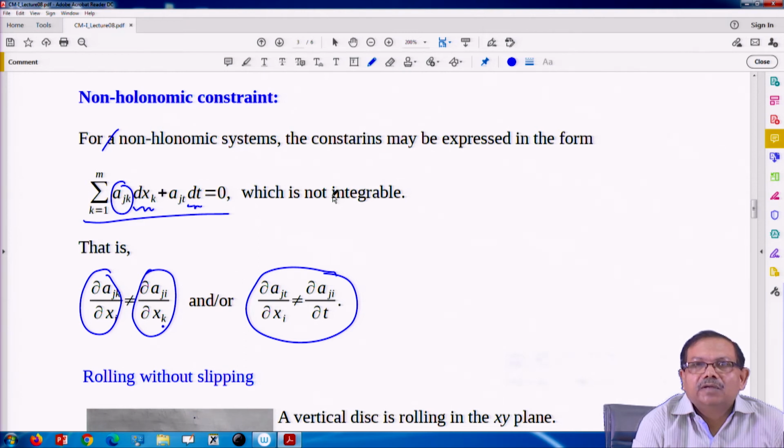So, degrees of freedom may be less, but the number of coordinates we cannot reduce by using this equation of constraint. So, such systems are called non-holonomic, and in such systems the number of degrees of freedom is less than the number of coordinates required to give its mechanical state.